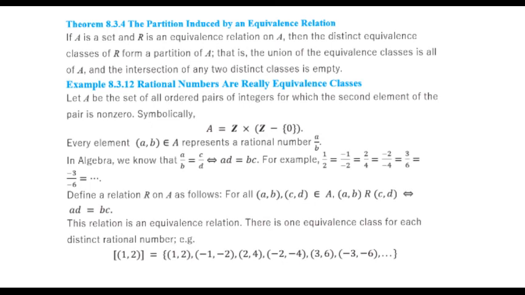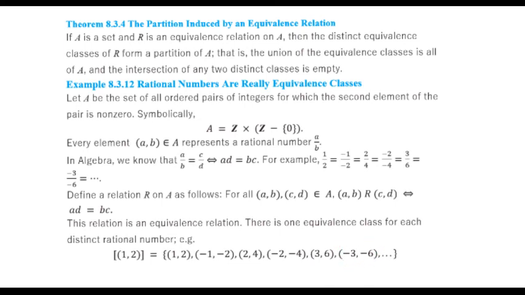The important point here is that there is one equivalence class for each distinct rational number. For example, the equivalence class of (1, 2) is a set like this. You can say the first element is (1, 2), then (-1, -2), then (2, 4), (-2, -4), (3, 6), (-3, -6). Why?